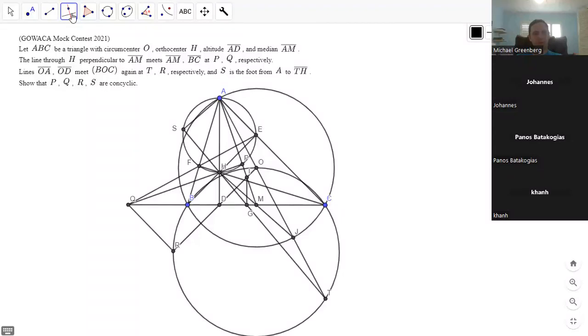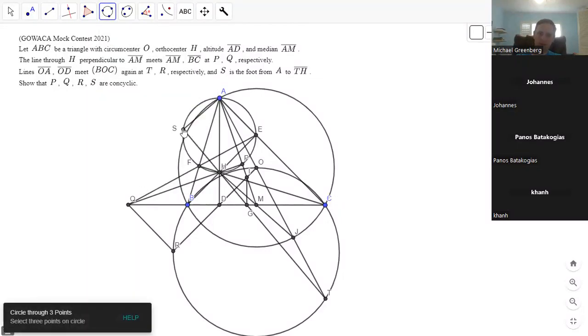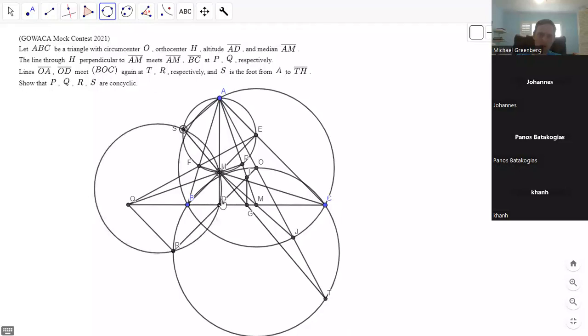Also, and I don't know how helpful this is going to be, but SHDR appears to be cyclic. Okay. It's interesting.